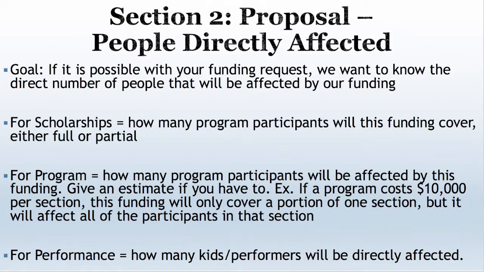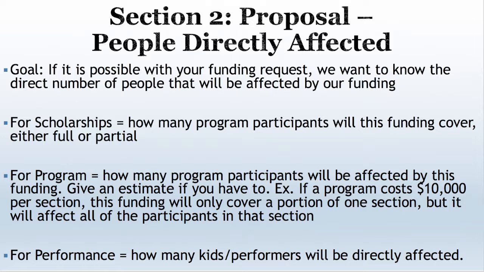Thanks. So for this question, we're just trying to get an idea of how many people this grant will directly affect. For scholarships, you can tell us how many scholarships the funding will cover. For program, how many participants in one program this scholarship will cover.